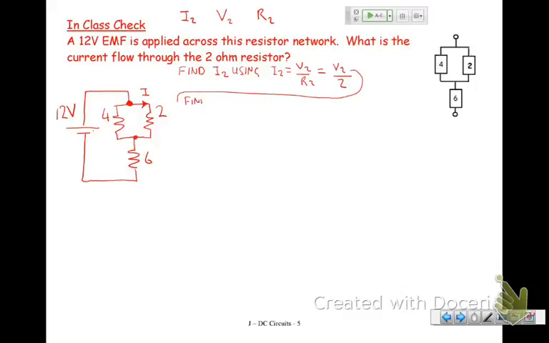Find V2 using, now I've got to put my thinking cap on here, because it's tempting to say, well, use Ohm's law, and I'll say V2 equals I2 times R2. But can you see the problem with that?